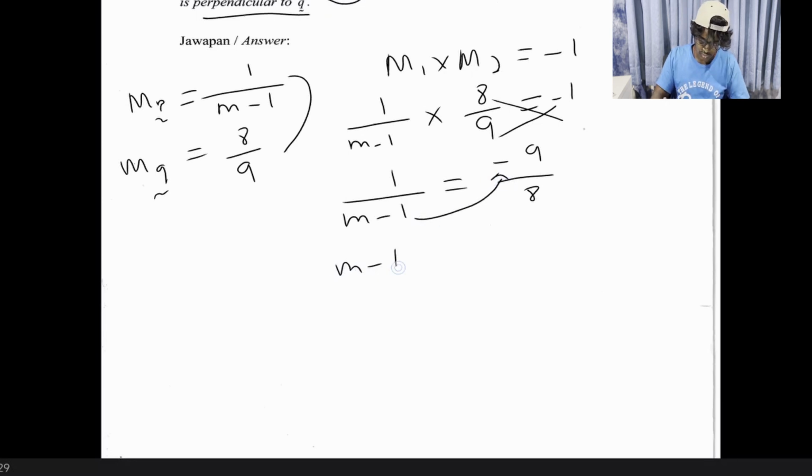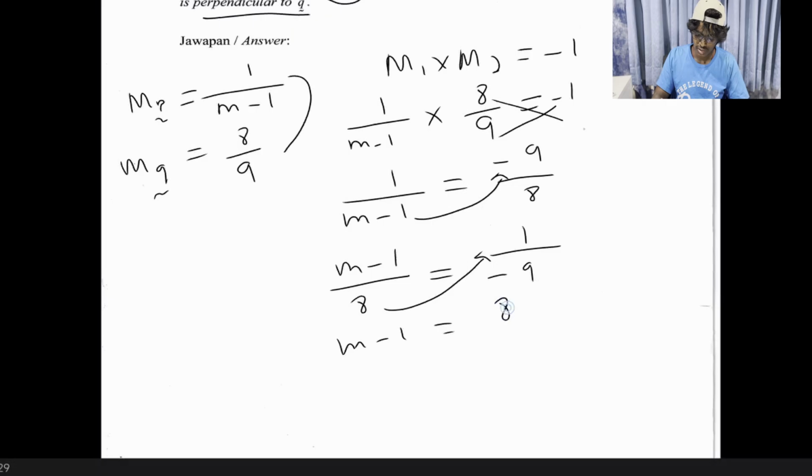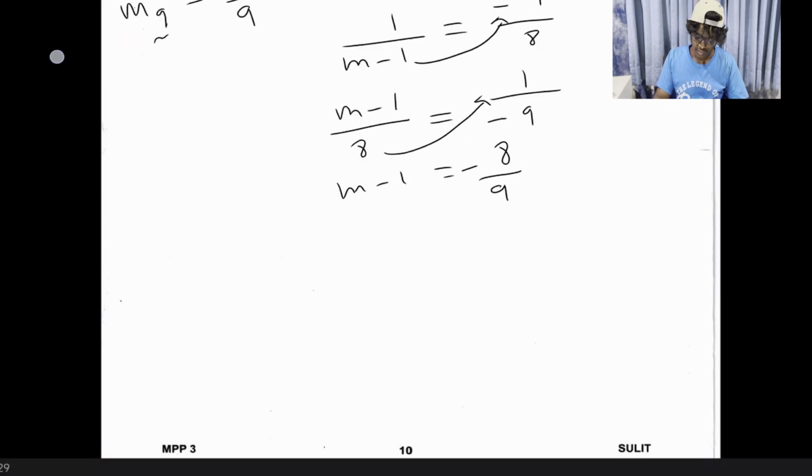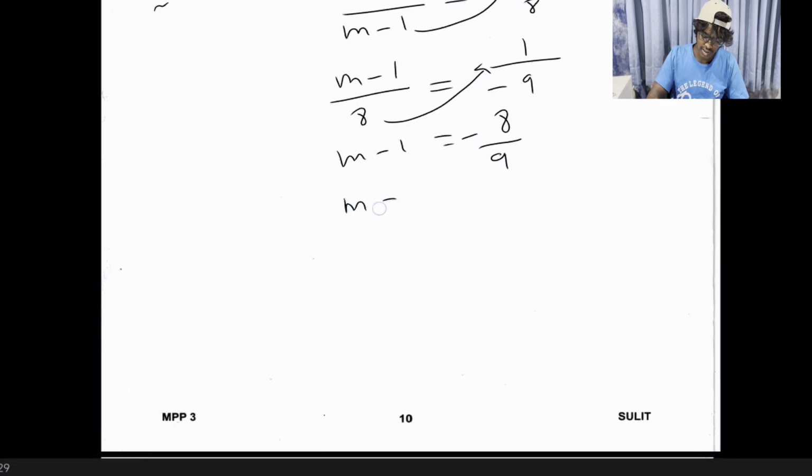So m minus 1 over 8 is the same as 1 over -9. We take this 8 and go up as well. m minus 1 equals -8 over 9. And for the last step, we take this 1 and go over there, so it will become 1 minus 8 over 9.